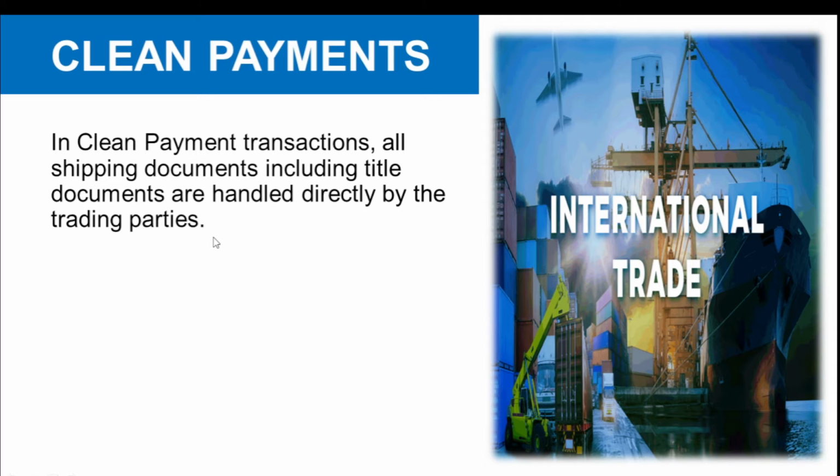In a simple way, understand that transport documents are a proof that the goods have been shipped. Invoices are a proof that the payment has to be made. Then there is a packing list.